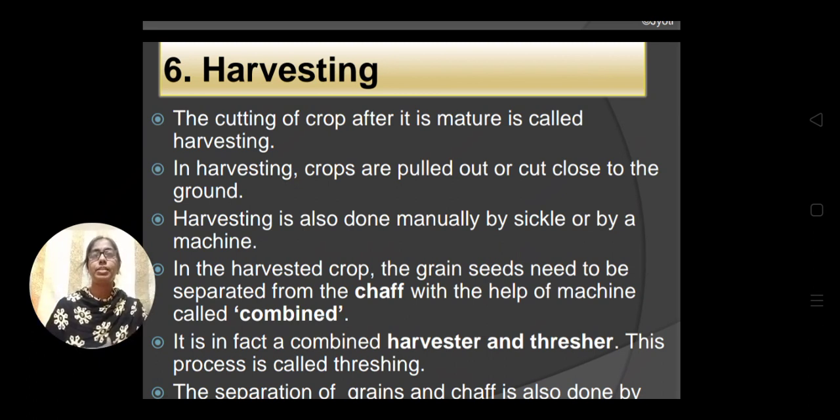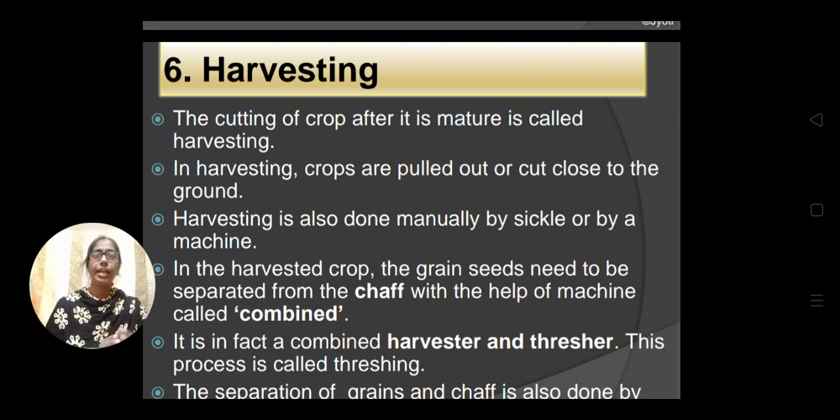We have to separate the seeds from the chaff. Chaff means the stem which bears the grain, or the branches that bear the grains. So the next step after cutting the crop is to remove the seeds from the chaff.